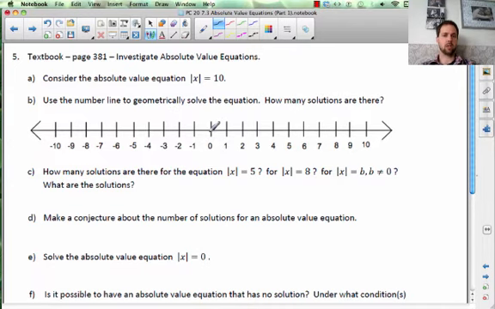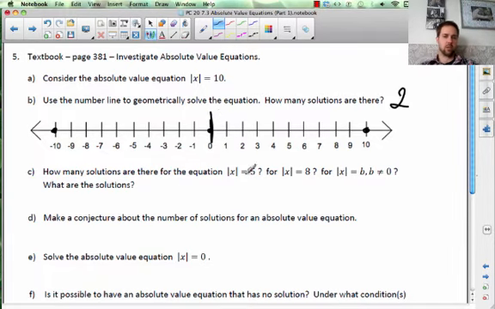So basically, any value of x that is 10 spaces away from 0. So this could be a solution because we are 1, 2, 3, 4, 5, 6, 7, 8, 9, 10 spaces away. This one, even though it's negative 10, we're 1, 2, 3, 4, 5, 6, 7, 8, 9, 10 spaces away. So our distance is 10 in either case from that thing.